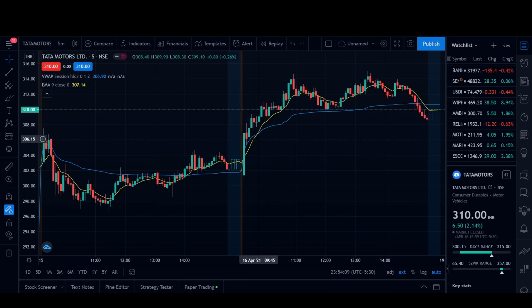Keep a target of 1%, at max 1.5%, not more than 1.5%. Small gains are better. Small and consistent profits are way better than one day a big profit and one day a humongous loss. That is not what we want here. So keep a good stop loss right below the VWAP, which you're supposed to put by yourself.